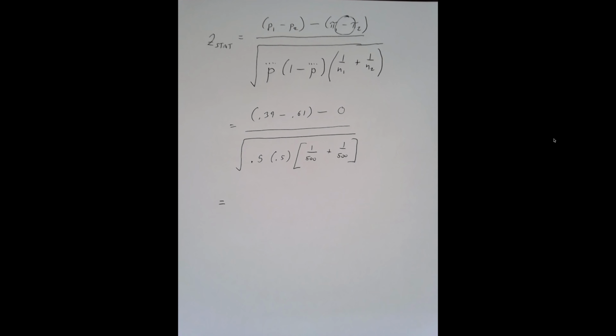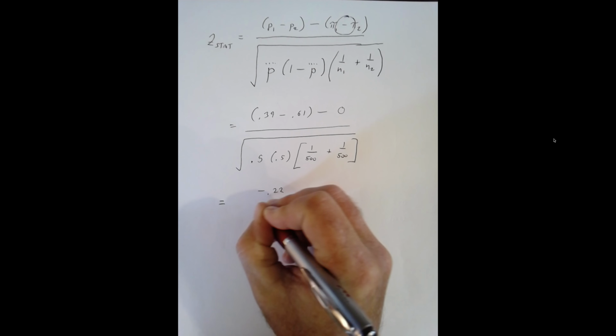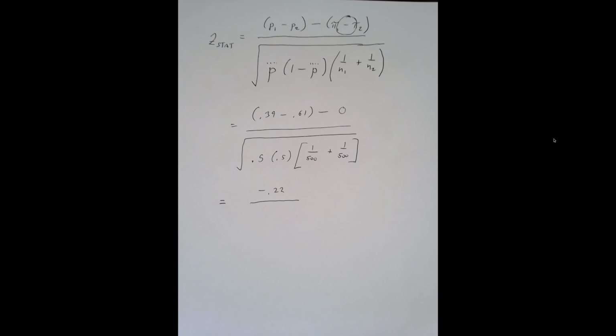So gang, in the numerator, we're going to get negative 0.22. And in the denominator, we're going to get, at least I get, 0.001.